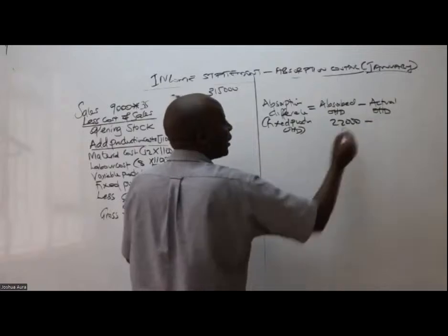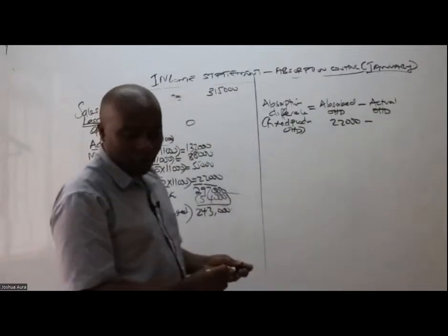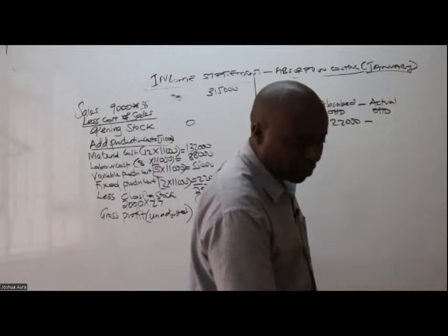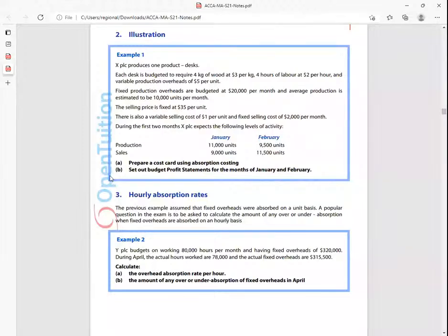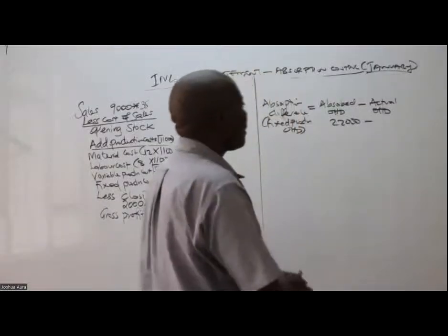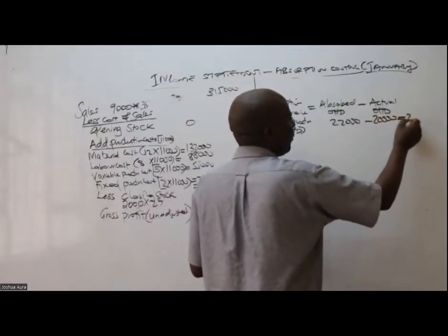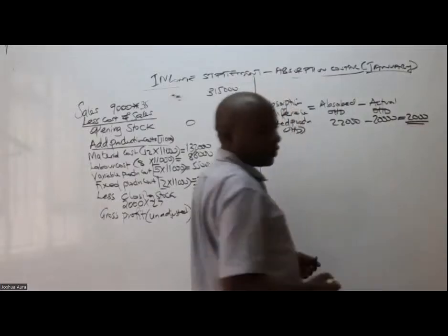And then when you check the budgeted overhead for a month is 20,000. So you take 22,000 minus 20,000. This will give us a difference of 2,000 bob.